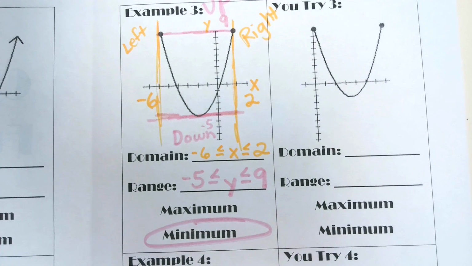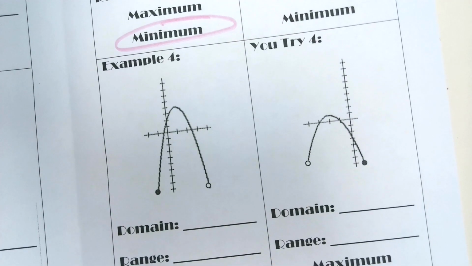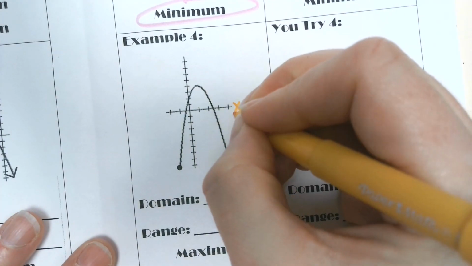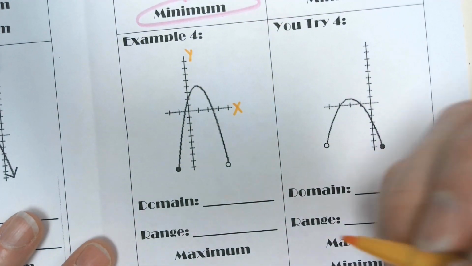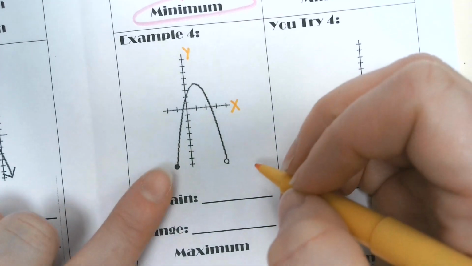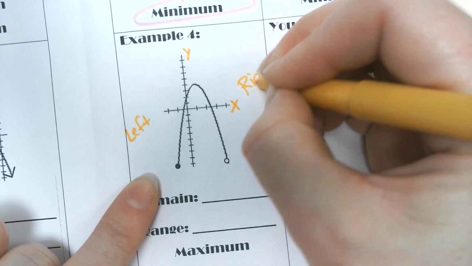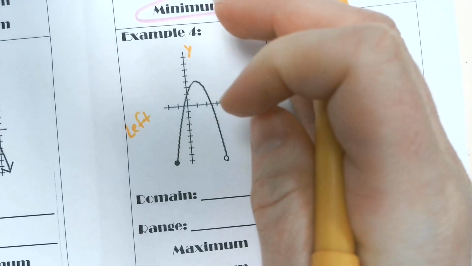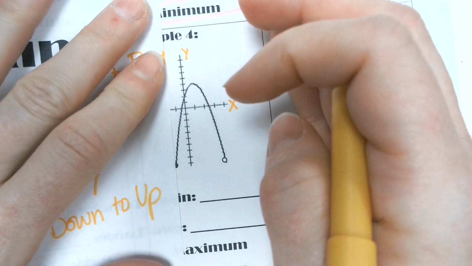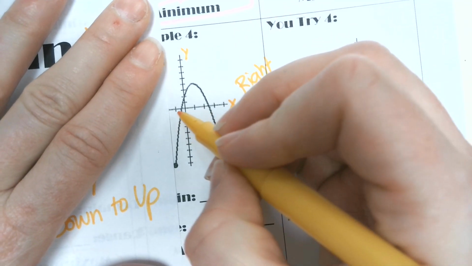Okay. One last example. Example 4. So domain, let's label our x. Let's label our y. So domain is left to right. I'm going to use my paper. That's like -1 would be here.